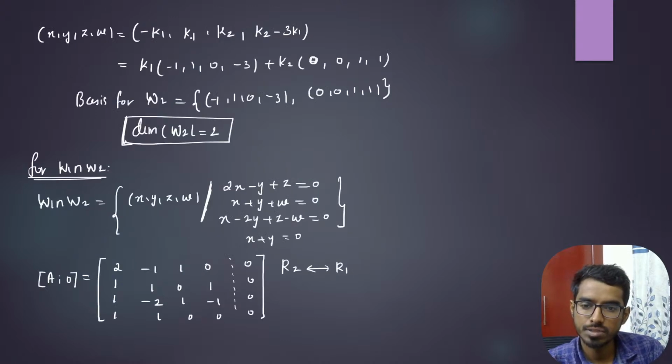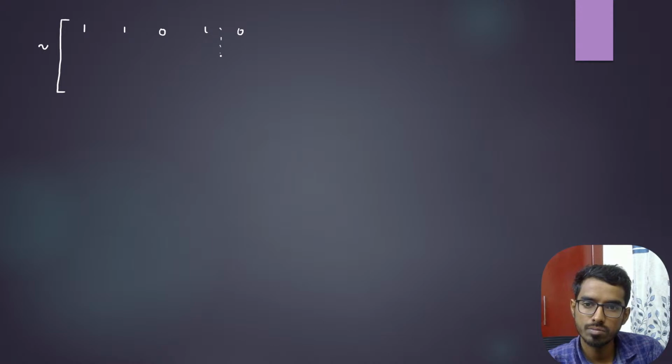So if I shift this, we will have 1 1 1 1 0 1 0, 2 2 minus 1 1 0 0, 1 minus 2 1 minus 1 0 1 1 0 0.